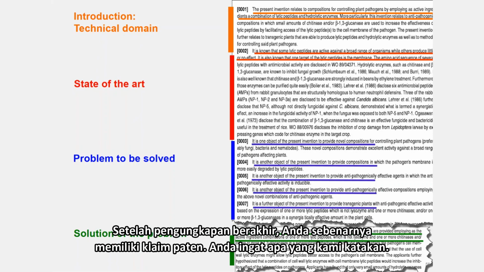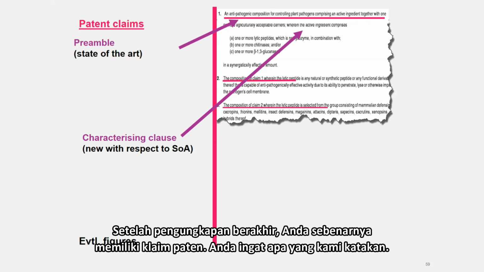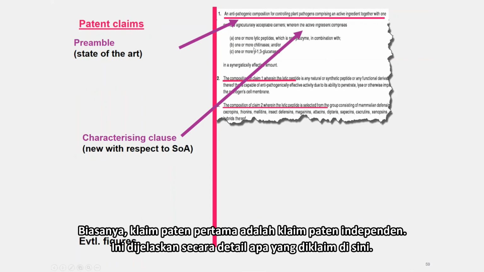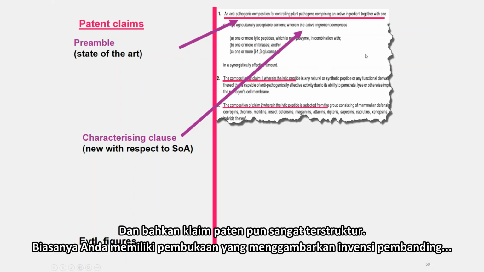Once the disclosure ends, you have the patent claims. Don't you remember what we said about how the patent claims are done? You have independent patent claims and dependent patent claims. Normally the very first claim is an independent patent claim, where it is described in all details what is claimed.